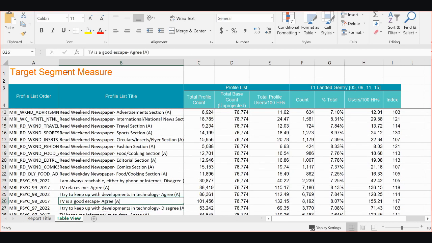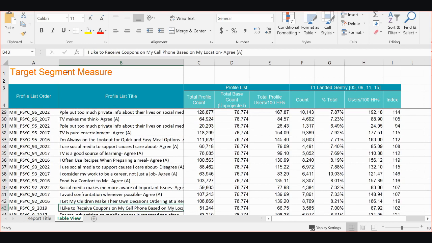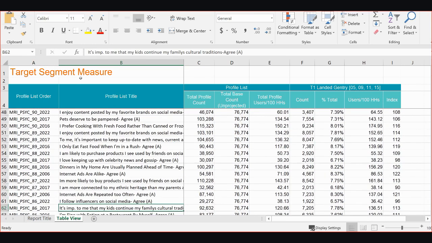I also wanted to know some of their sort of psychographic information. Is food a comfort to me? And you'll see it's usually the answers are agree. They agree that they use social media to support causes, or they disagree. So those are the different, remember, profiles that we chose.